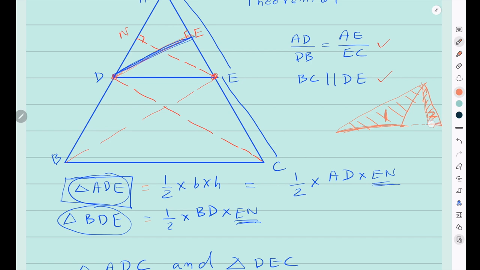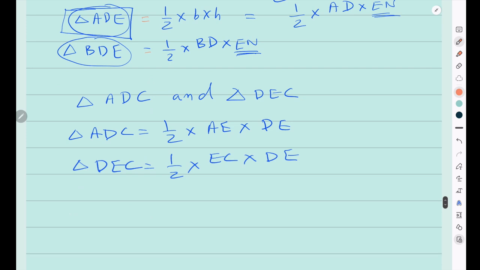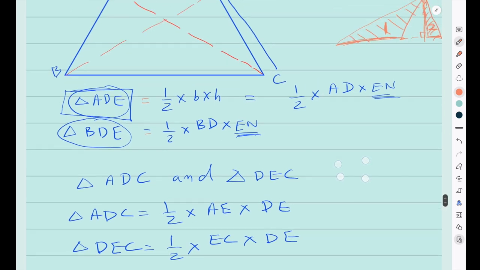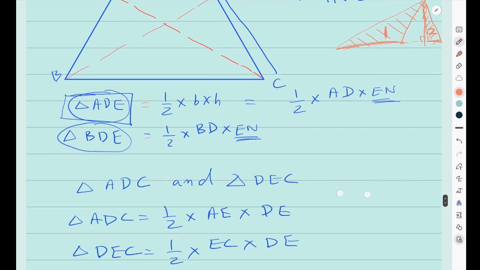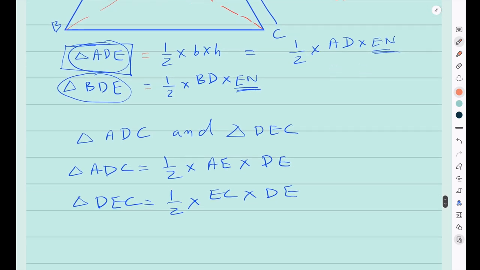This is the base, and this is the base of triangle number 2, but the height for both of them is the same. Okay, common. So this is what is happening here. That is the point which is quite important to note down, and that is the basis of proving this theorem.